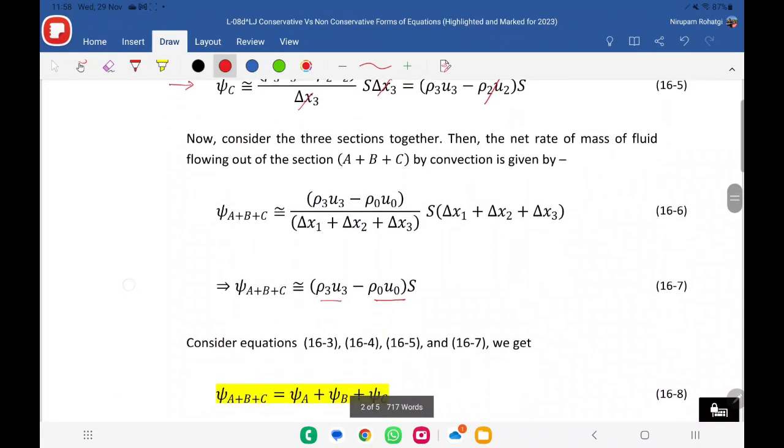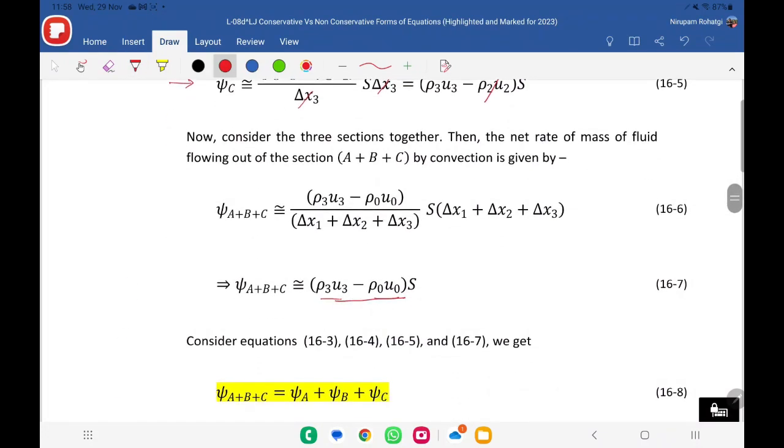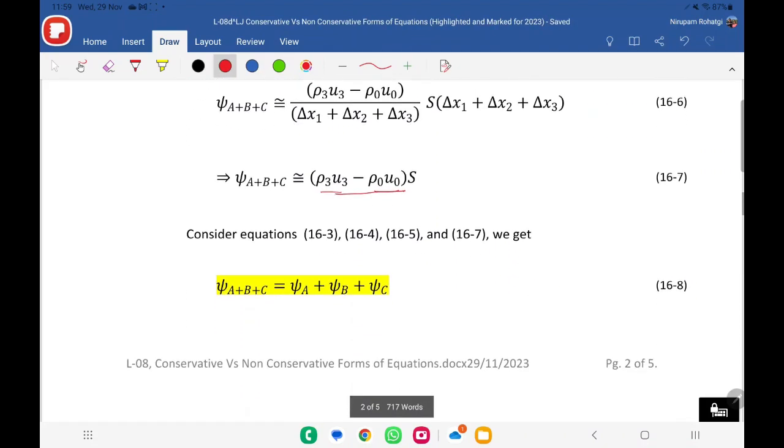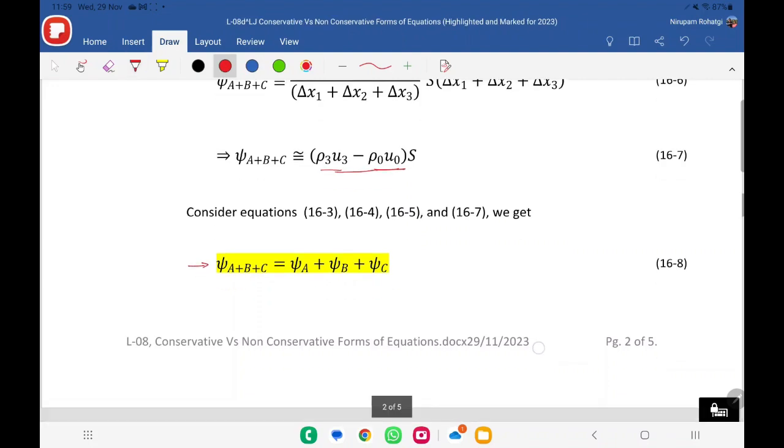So what is left is this much. Right? Because what is going out from one is entering the second, what is going out from the second is entering the third, and you add up, you get this. So psi A is equal to A plus B plus C.